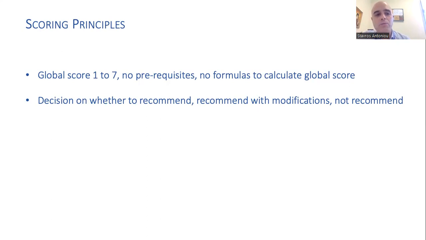So you need to make a global decision on whether to recommend with modifications or not recommend a given guideline for use. Of course, there's a certain degree of subjectivity here, and I have to declare that the validity of AGREE-S has not been assessed yet.